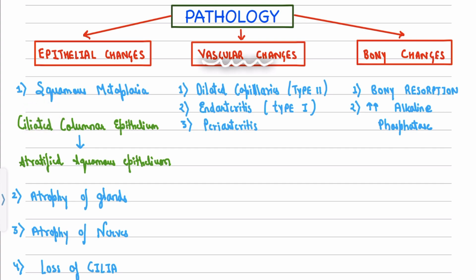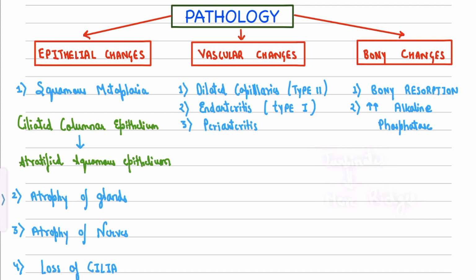In vascular changes, we see dilated capillaries in type 2, which we have already discussed, and endarteritis and periarteritis in type 1 primary atrophic rhinitis. So you already know this part. In bony changes, there is bony resorption. This bony resorption is so much so that the turbinates are reduced to mere ridges.